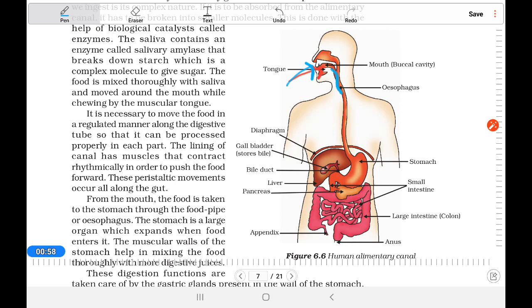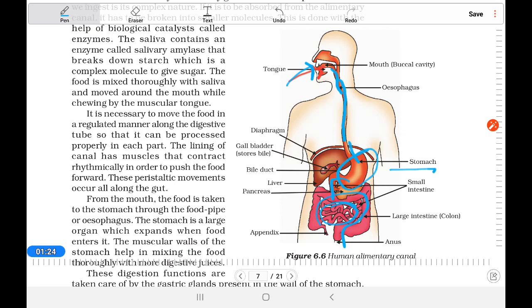Here is the pharynx region: nasopharynx, oropharynx, laryngopharynx, then the esophagus, this food pipe. It joins the stomach, the pouch, and after that it goes to the duodenum and the intestinal part. So it is very clear and not difficult to understand.